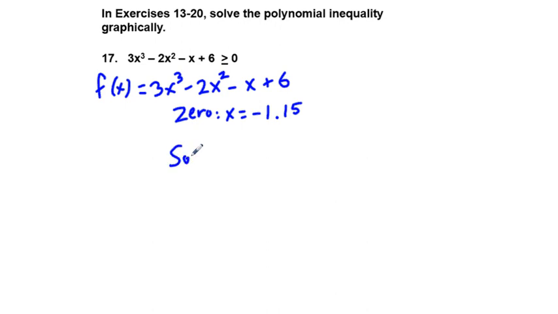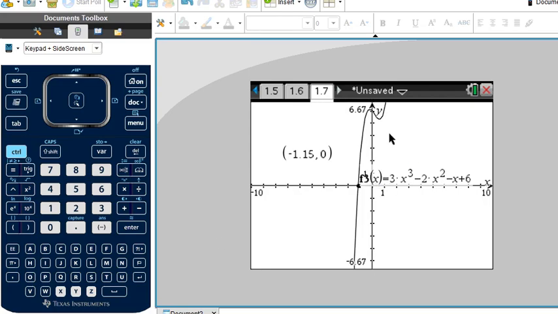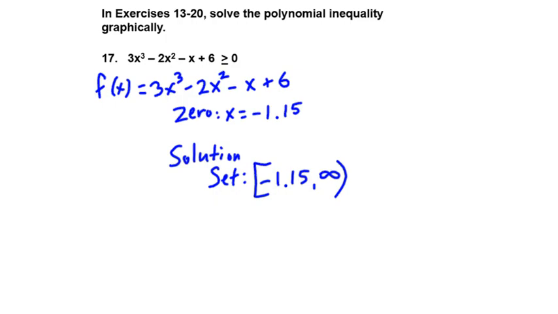So solution set, I'll just put this in interval notation, we have right here negative 1.15 comma infinity, and that's verified entirely by what we have here in the graph.